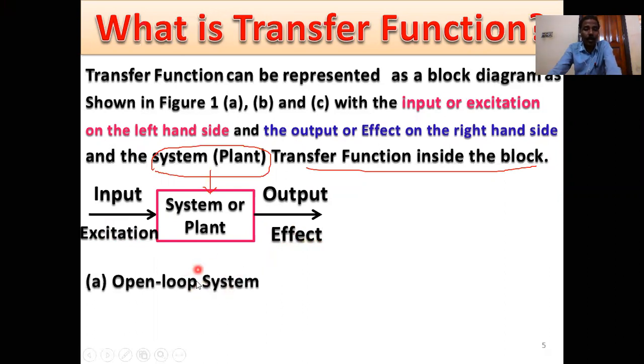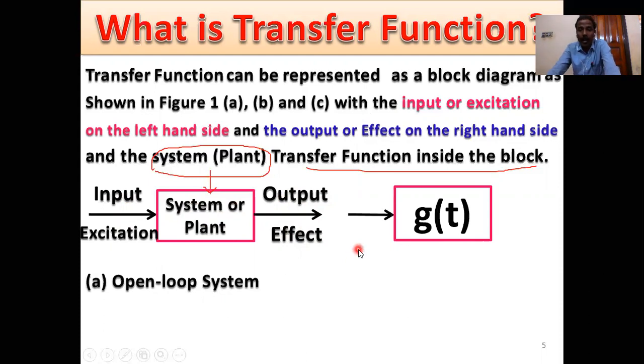This is the open loop transfer function. The input or excitation may be step, ramp, parabolic, impulse, sinusoidal, analog input, digital input; any type of input you can apply. And this is the system or plant. And this section is the output or effects.